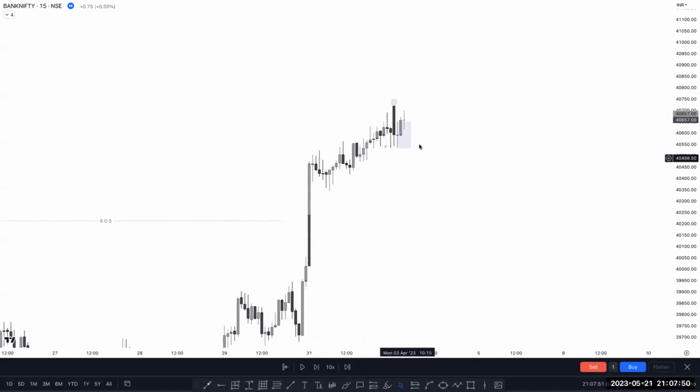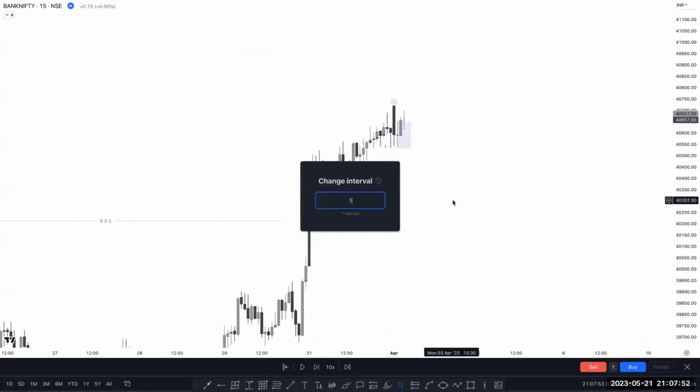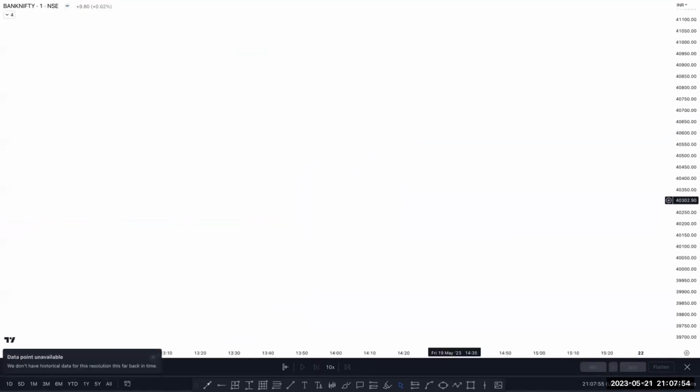Mitigate this one, order block mitigate here. And now you can switch here in a 1 minute time frame. Oh, I think data is not available.